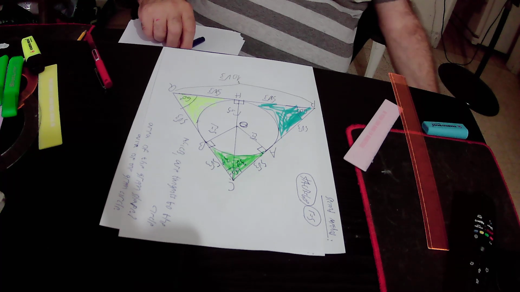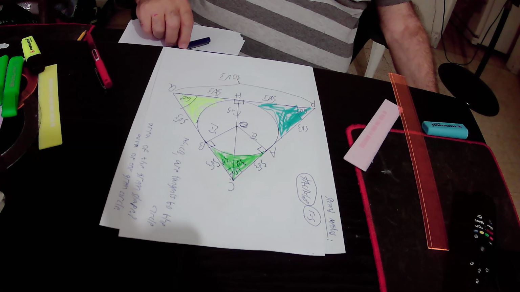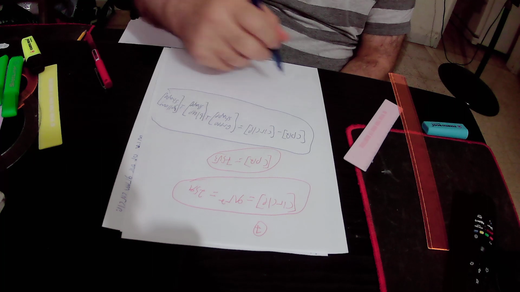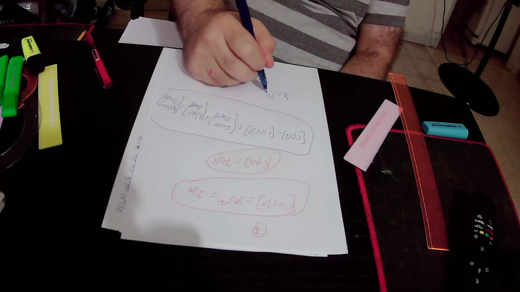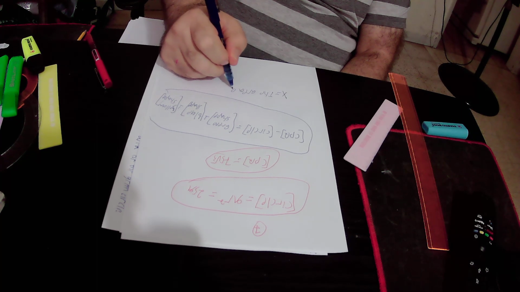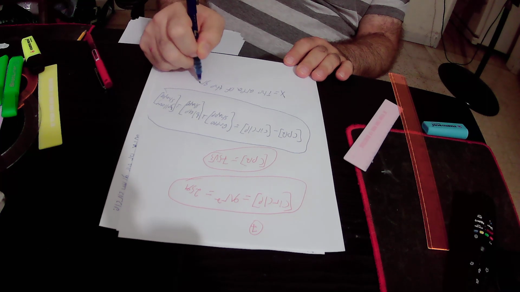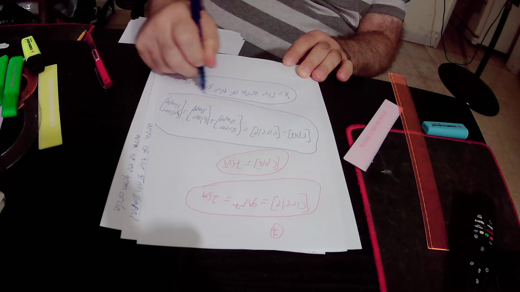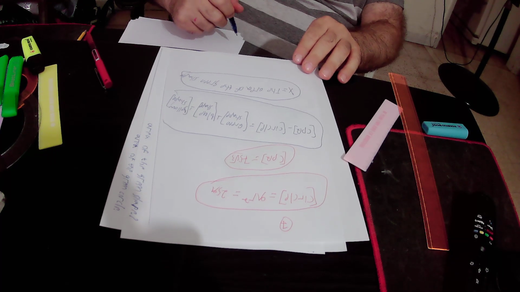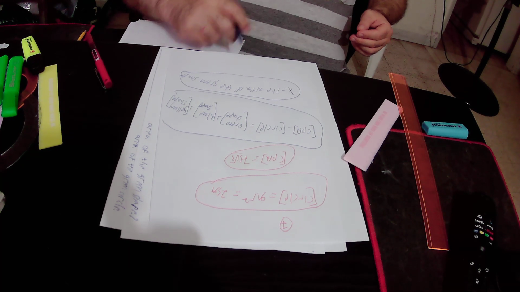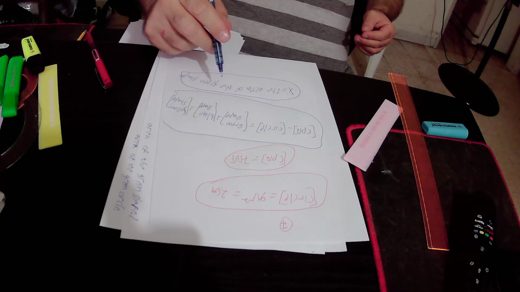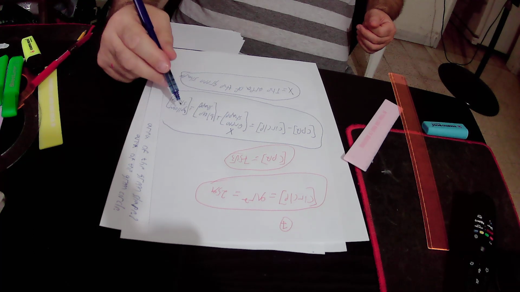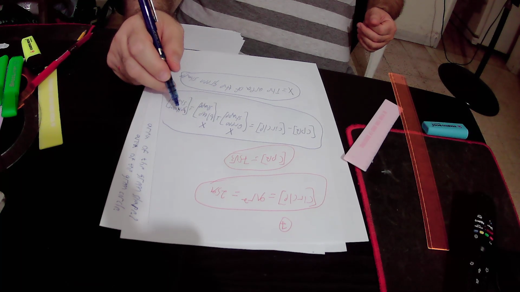So if we define the area of the green shape as x, then the area of triangle CPQ minus the area of the circle will be equal to the area of the green shape, that is x, plus the area of the blue shape, that is also x, plus the area of the yellow shape, that is also x.